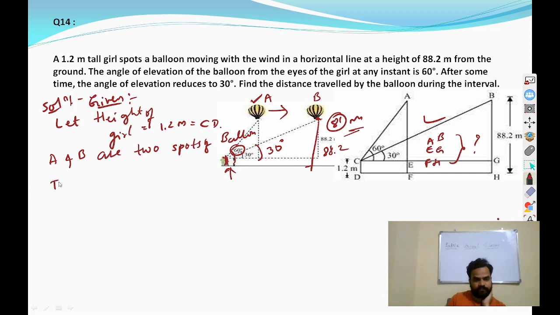Now in triangle ACE, I will take tan 60 is equal to AE by CE. Tan 60 value is root 3. AE we know.